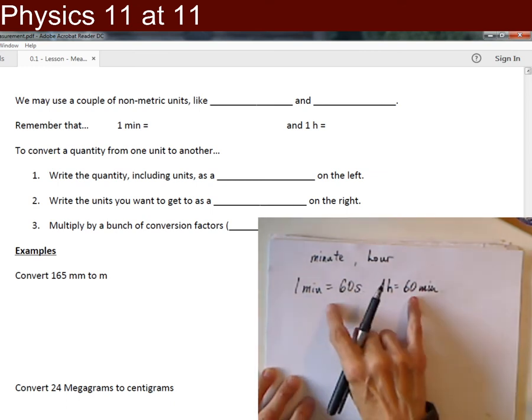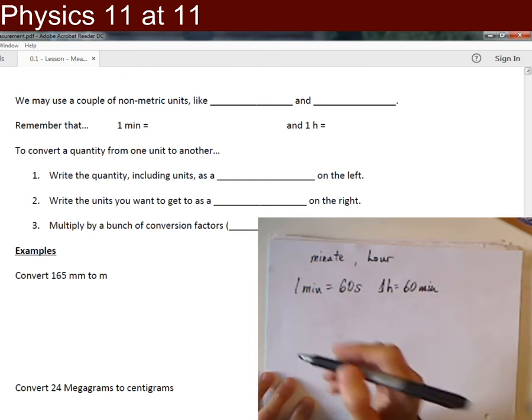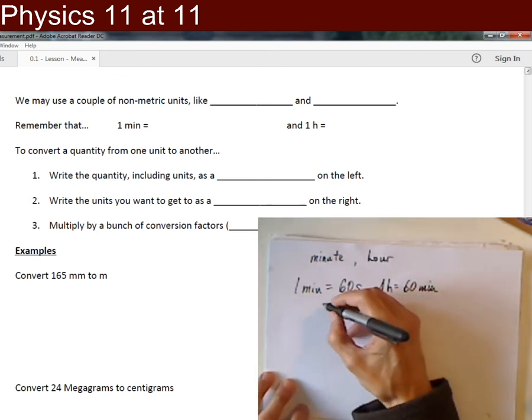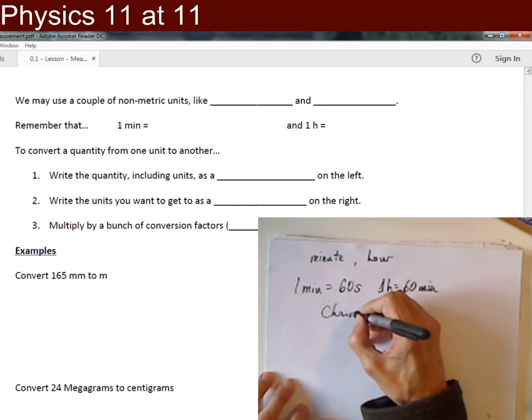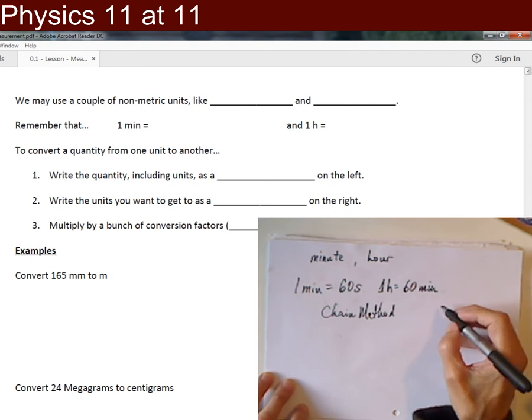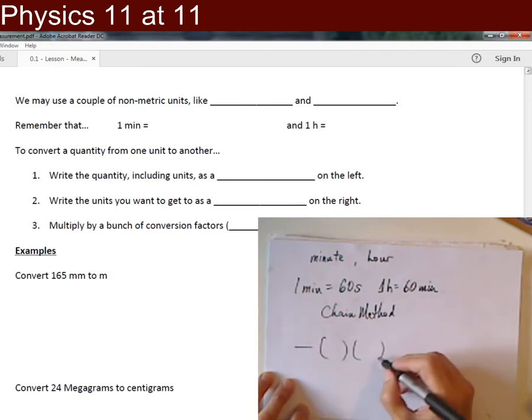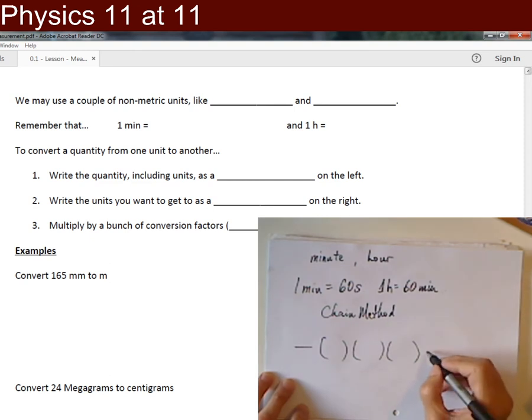You'll see how to use them when we work through these next 3 examples. Okay, but how does this process work? Well, I call it the chain method. I don't think it's overly original, but it describes what's going on. We're going to have the thing that we're converting, then some converting fractions, and then it'll get us the number at the end.